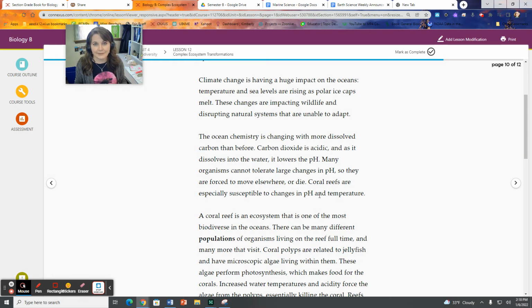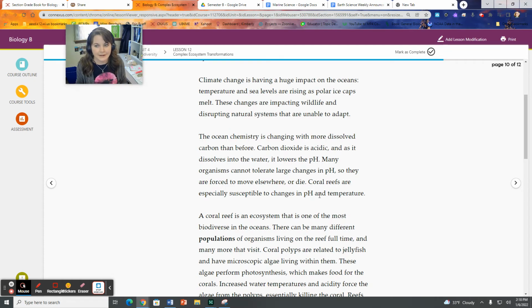Well, the carbon dioxide from the atmosphere dissolves in the ocean as well, and it creates carbonic acid in the ocean. And it's not nearly as carbonated as your bottle of soda, but it does lower the pH of the ocean water. The more carbon dioxide there is in the atmosphere, the higher the amount of carbon dioxide gets dissolved in the water, so the lower the pH gets, right?